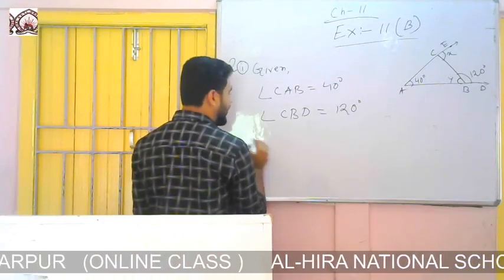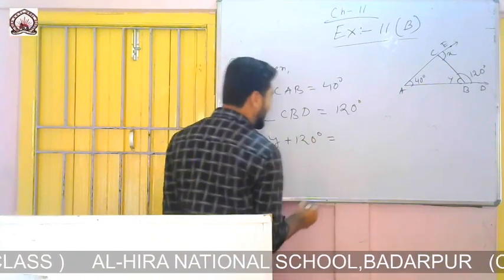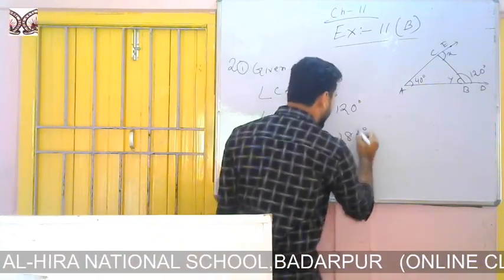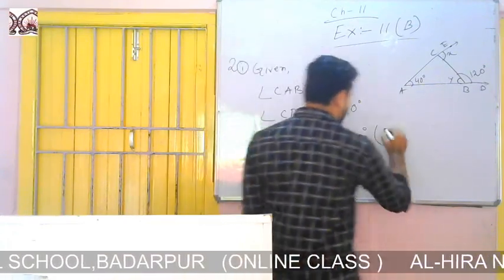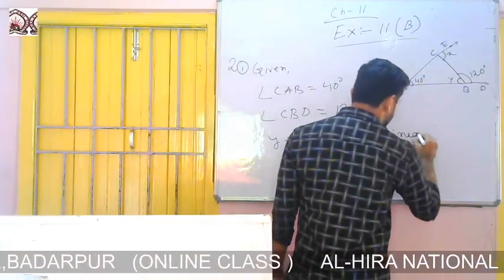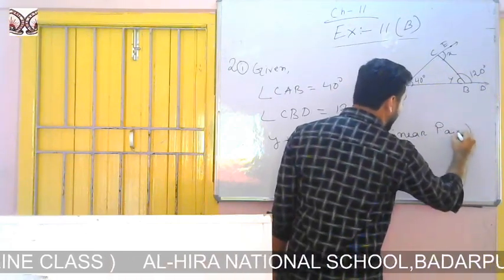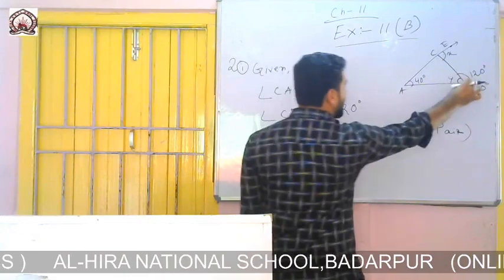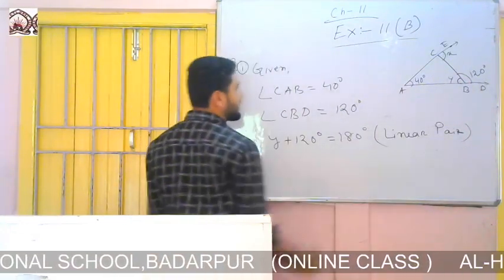Right, therefore Y plus 120 degree equals to 180 degree, okay. You can write the reason here, linear pair, as I said earlier, that if I add these two angles, then I will get 180 degree, okay.